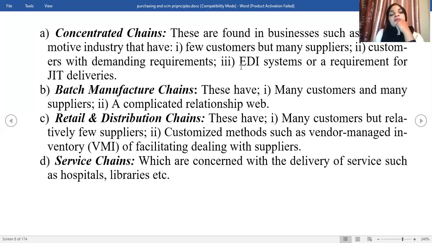And the focus of Taiichi Ohno was to reduce cost. So they realized that organizations that were doing manufacturing were incurring a lot of costs and a lot of waste. So the main focus of this engineer was to be able to reduce costs within the organization and at the same time reduce wastes.